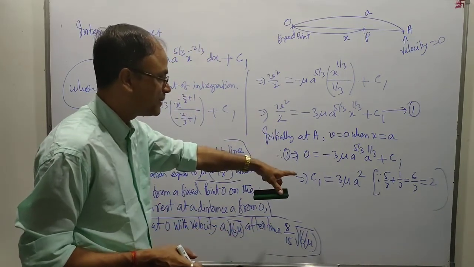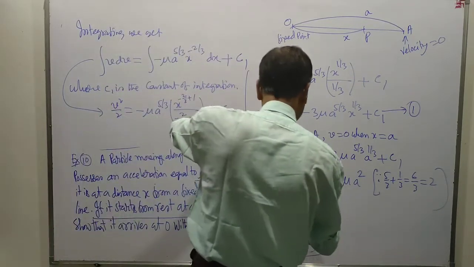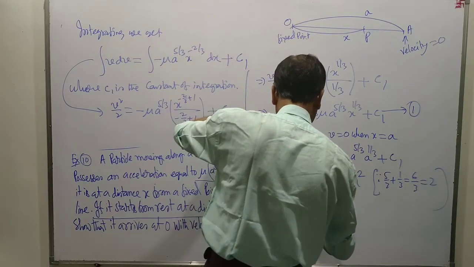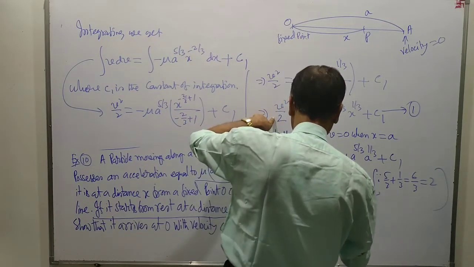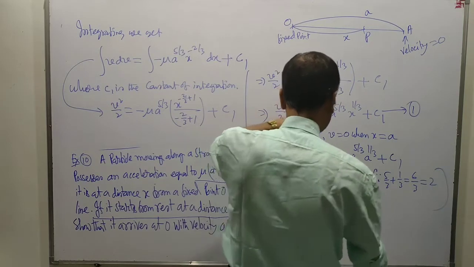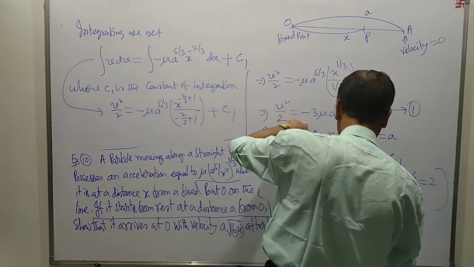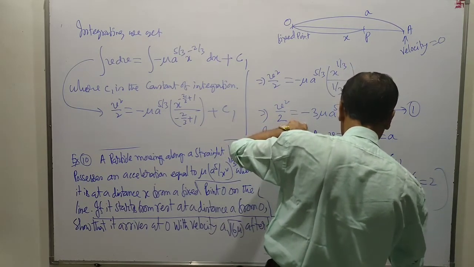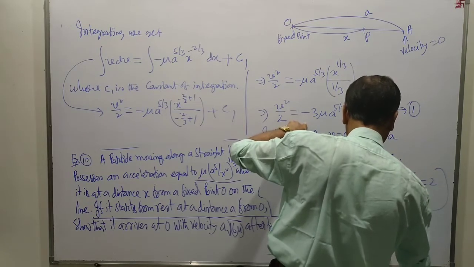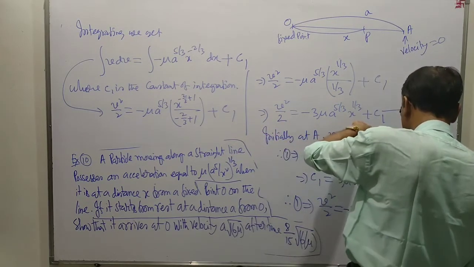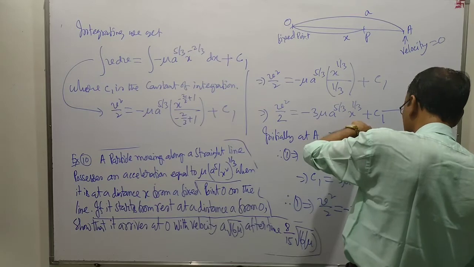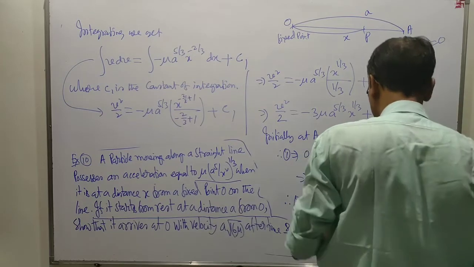Therefore, substituting the value of C1 in 1, we get v square by 2 equal to minus thrice mu a to the power 5 by 3 x to the power 1 by 3 plus thrice mu a square.